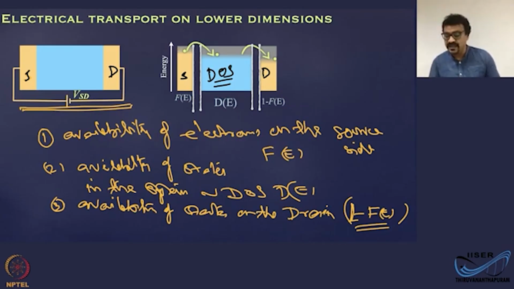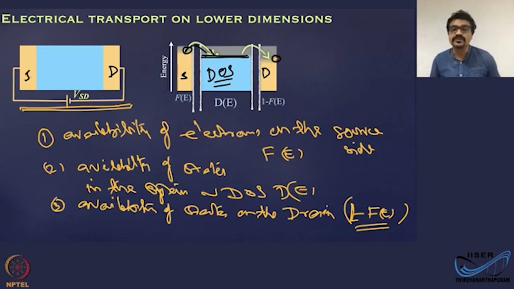So there should be an empty state on the drain side for this electron to go, and there should be a state which is full here for the electrons to start from, and there should be a state which is empty here, that is given by 1 minus f of E on the drain side, and there should be states available here for the electrons to traverse through.